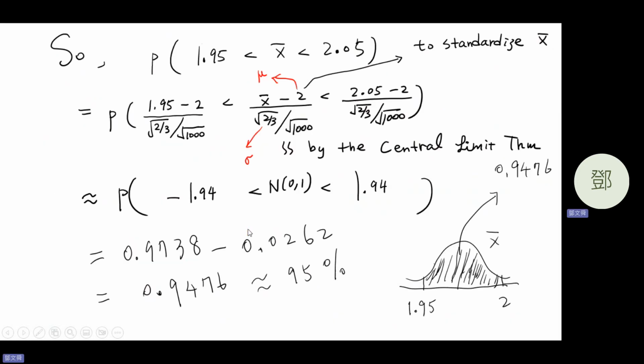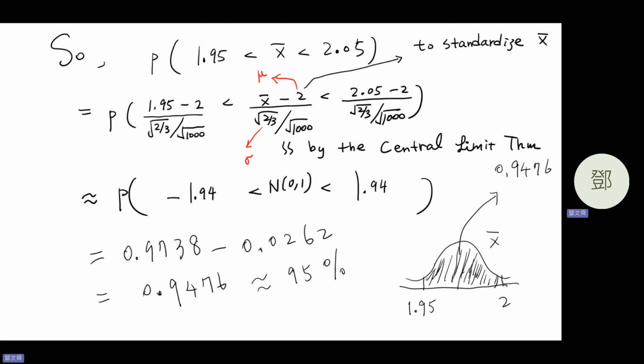Here is the example. I will have you answer the question: what is the probability that X bar lies between 1.95 and 2.05? You can use the central limit theorem to standardize the X bar.